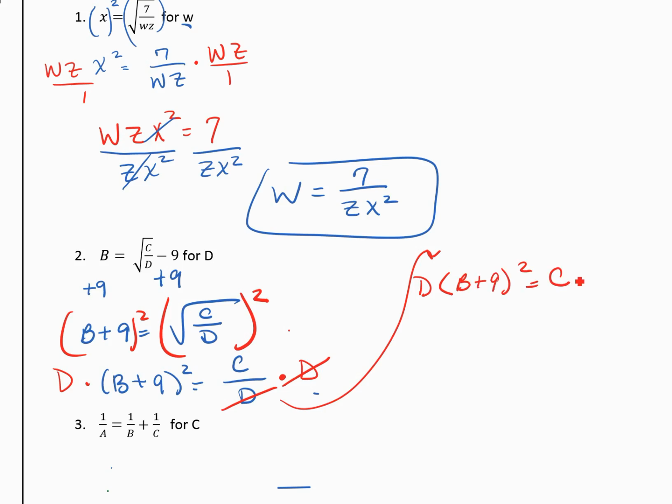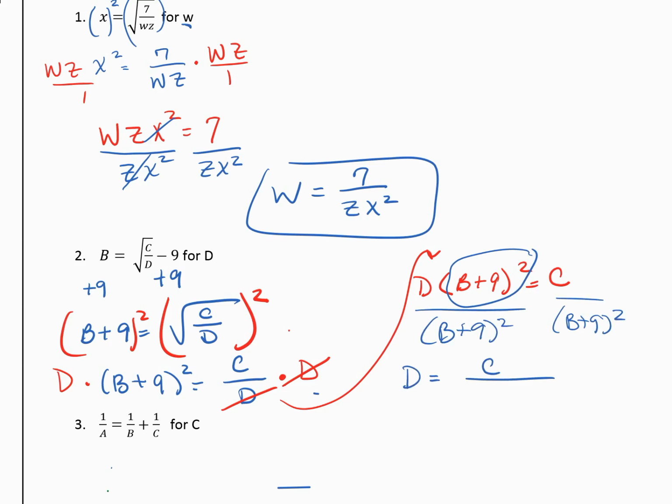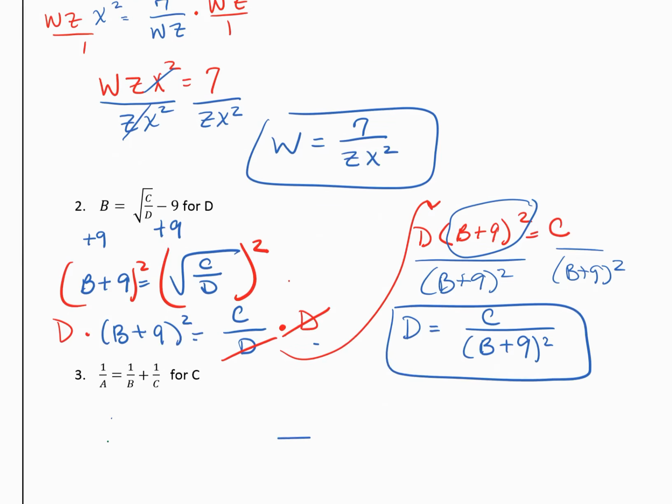And we want to solve for d. It's always helpful if you kind of get lost in all of this to look back and say, okay, what am I solving for? Here we're solving for d. So we need to divide both sides by this b plus 9 squared. So our final answer here would be d equals c over b plus 9 squared. And you know you're done when you have the variable that you're solving for on a side by itself.